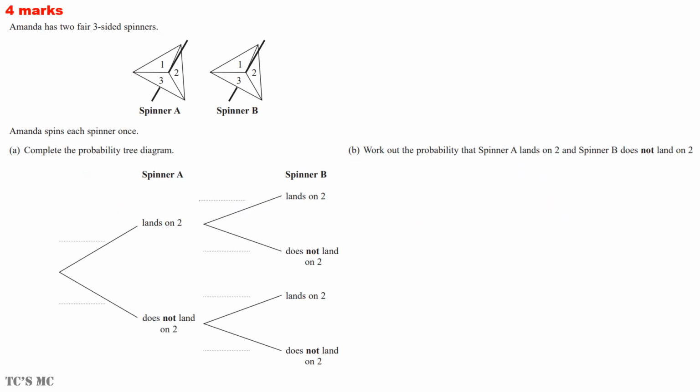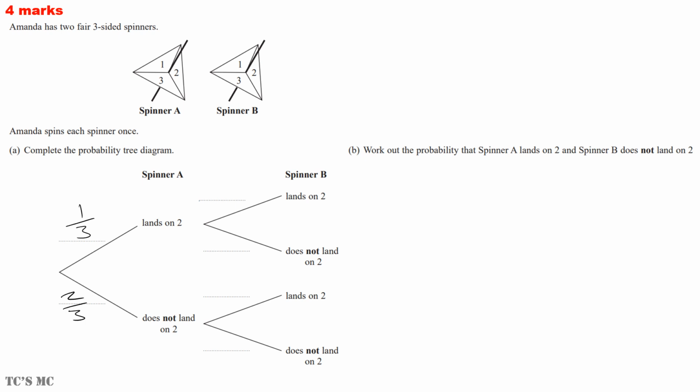Amanda has 2 fair 3-sided spinners. Amanda spins each spinner once. Part A, complete the probability tree diagram. If we look at spinner A, there is only 1 2, so it is 1 over 3. For not landing on 2, it will be 2 over 3. We now have 1 mark.